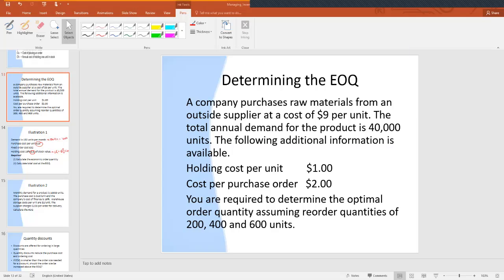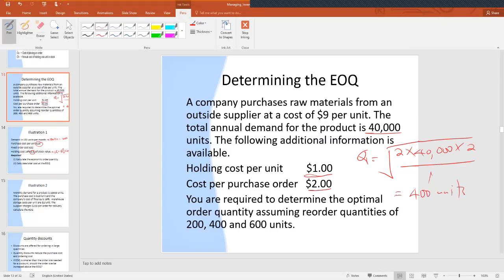It's quite simple. Okay, Q is equal to the square root of 2, annual demand is 40,000, cost per order is equal to $2, divided by the holding cost, which is $1, and we get the Q of 400 units.